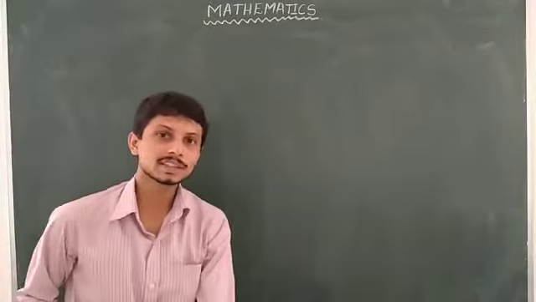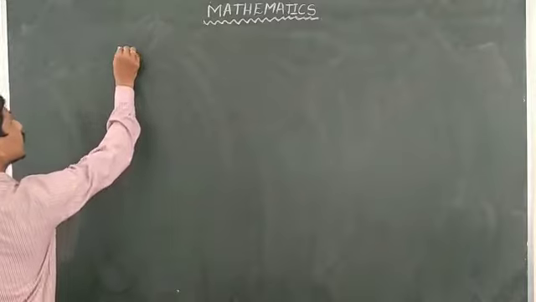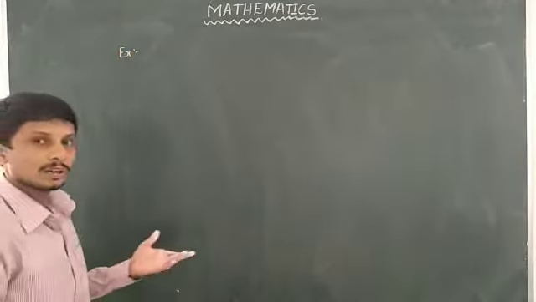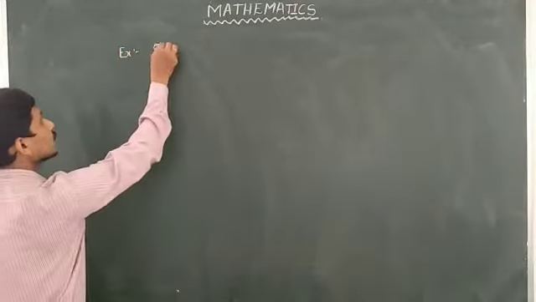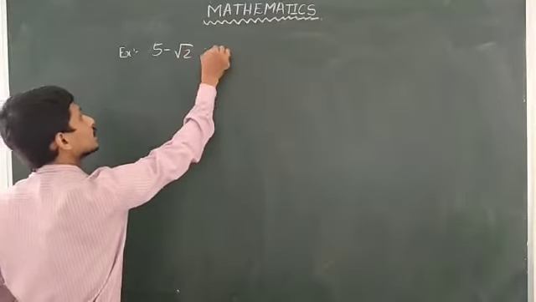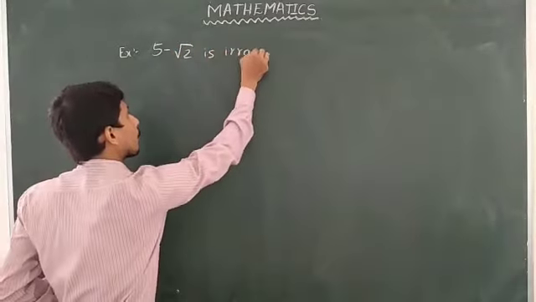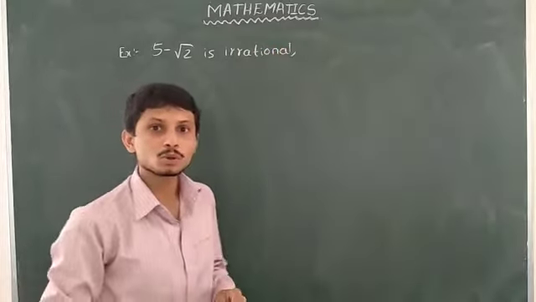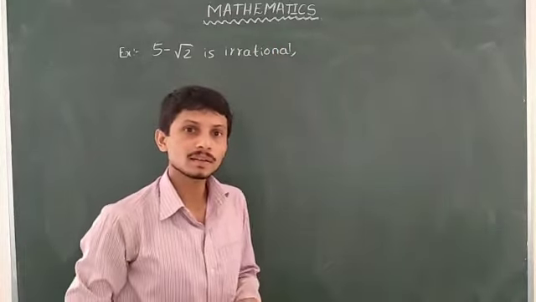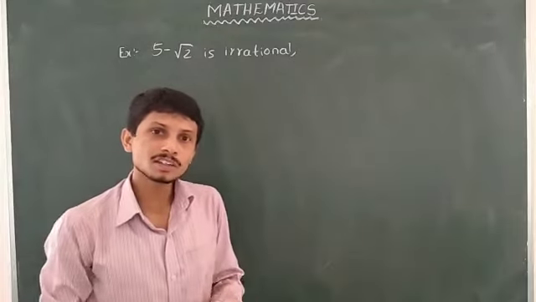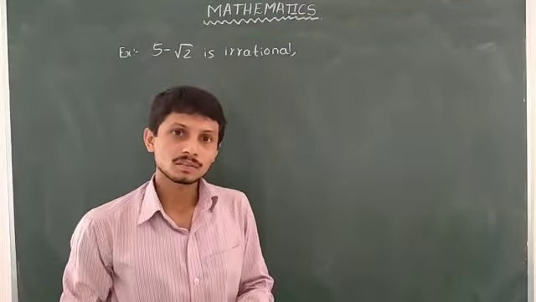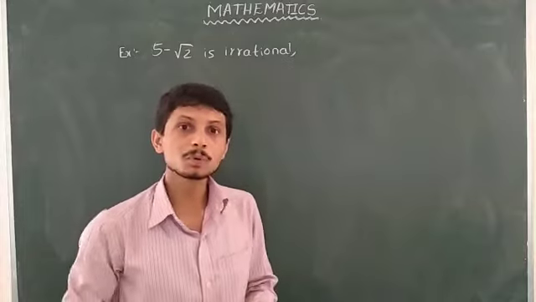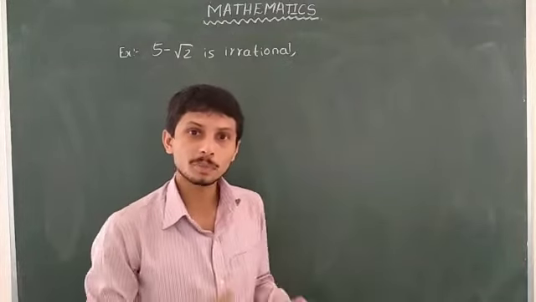Here I will take one similar example: 5 minus root 2 is irrational. We just proved root 2 is irrational by the method of contradiction.